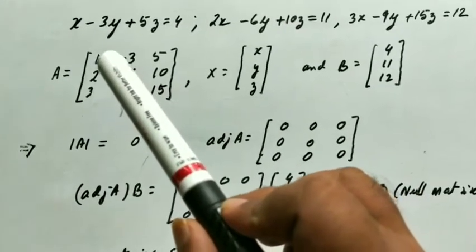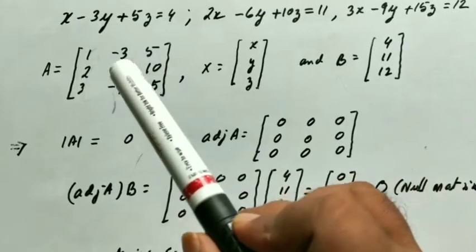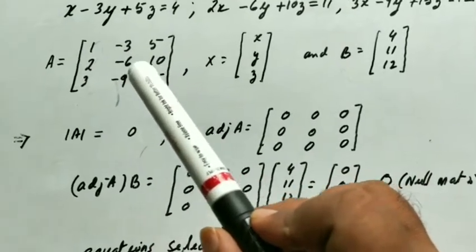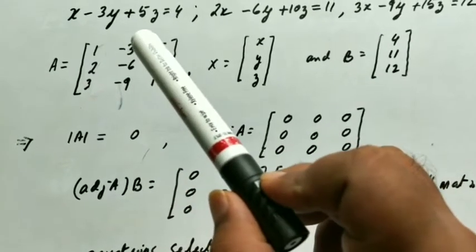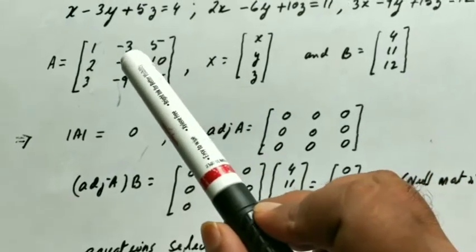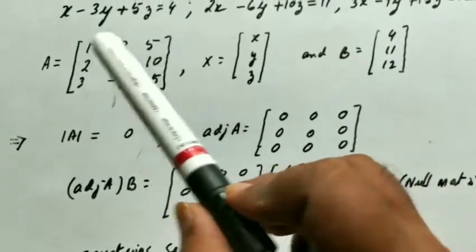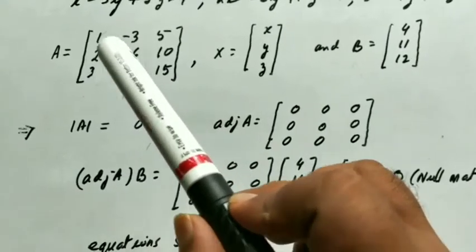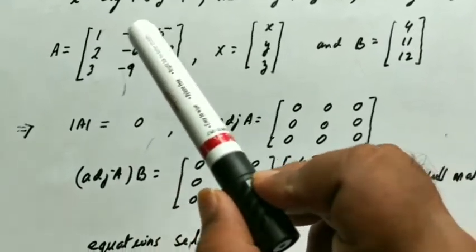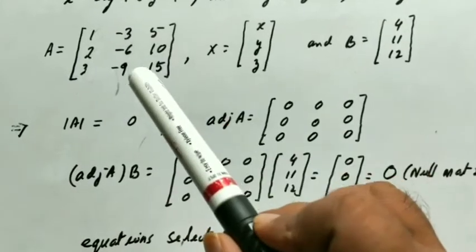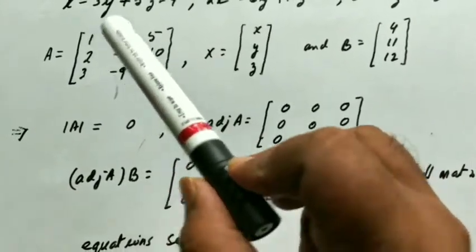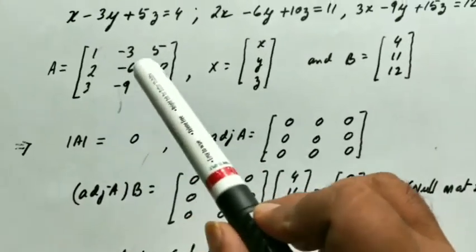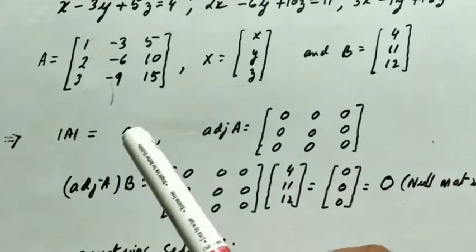If I multiply the elements of the first row with 2, I get the second row: 1 into 2, minus 3 into 2, 5 into 2. And if I multiply the elements of the first row with 3, ones are 3, 3 into minus 3 is minus 9, 3 into 5 is 15. So this is the condition, so its determinant has to be 0.